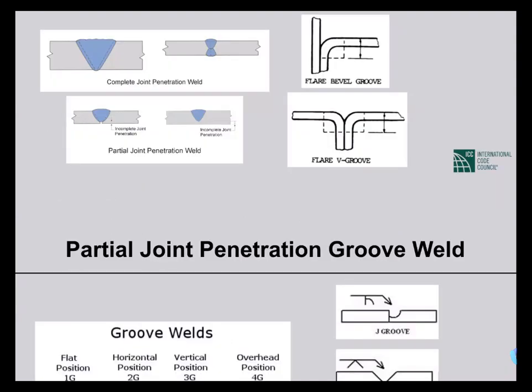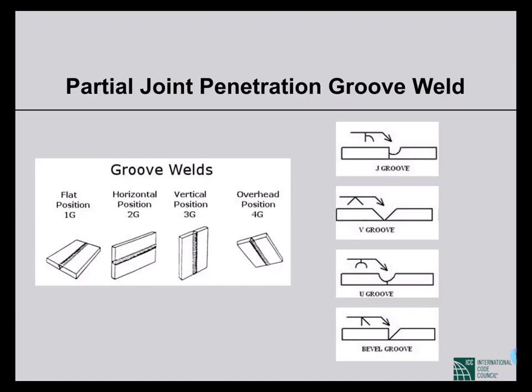Now, groove weld we can have in three or four different positions. One is flat, when both the plates are horizontal, flat in the same plane. Another is horizontal position, where the plates may be in an inclined position or vertical, but the axis of the weld is horizontal. In the second picture, there is horizontal position.